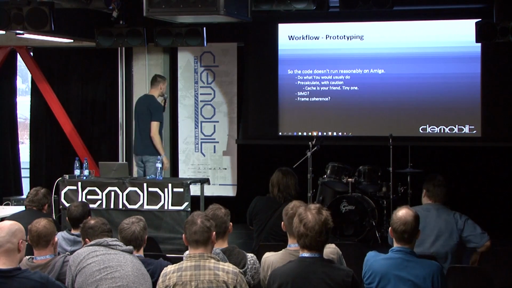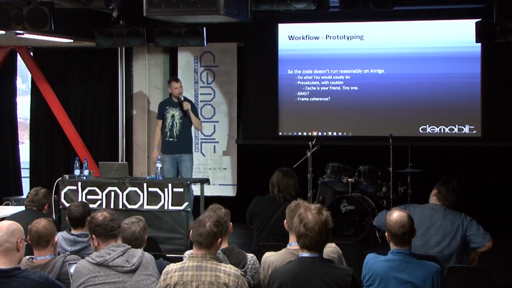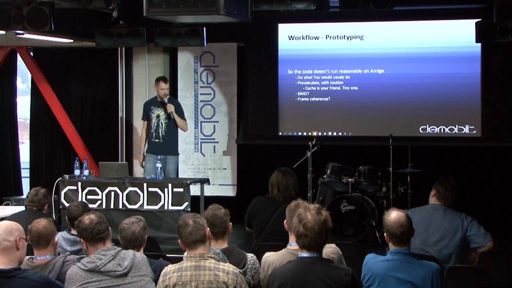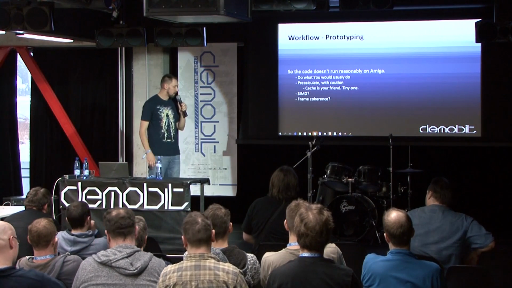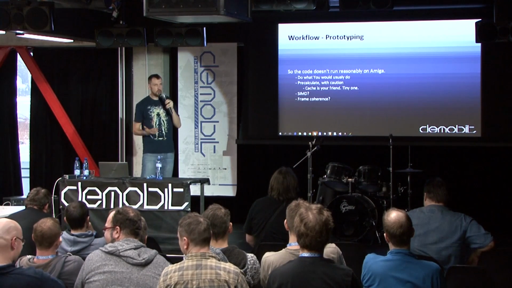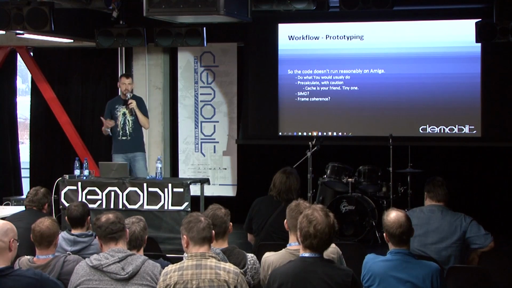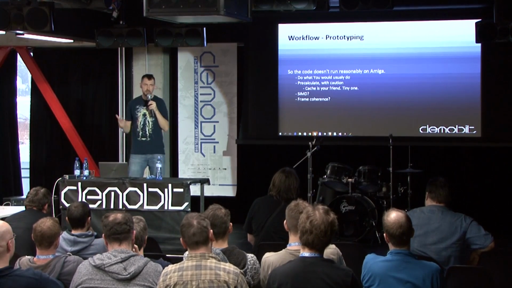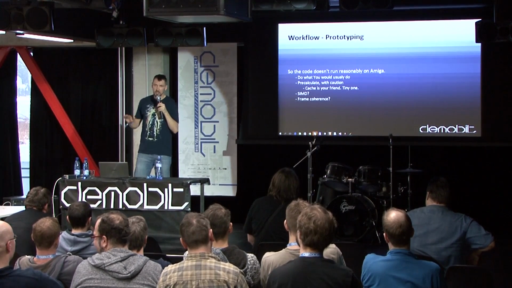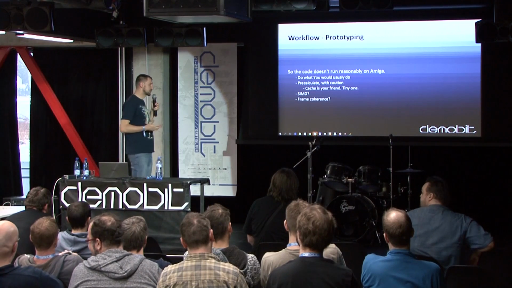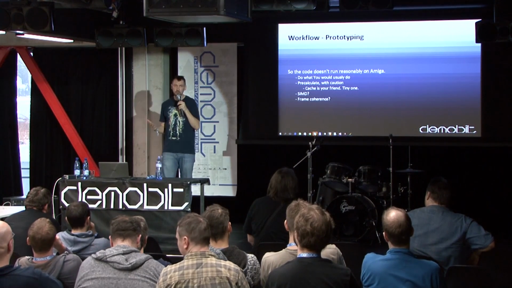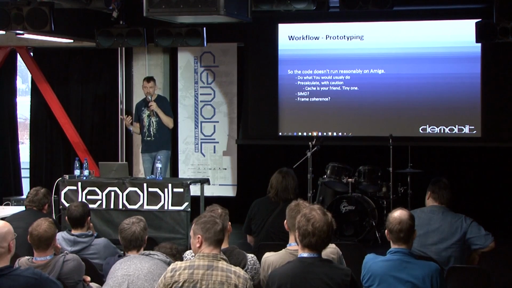And the frame coherence, I don't know if it's the right term to call it, but when you look at the effect, it mostly looks similar from one frame to another. Not much stuff is changing, so why not use this fact to optimize your stuff?